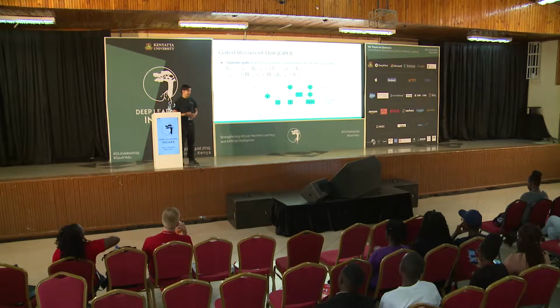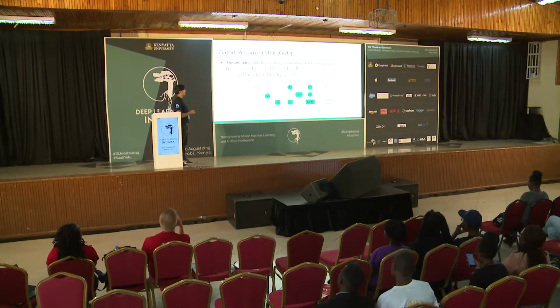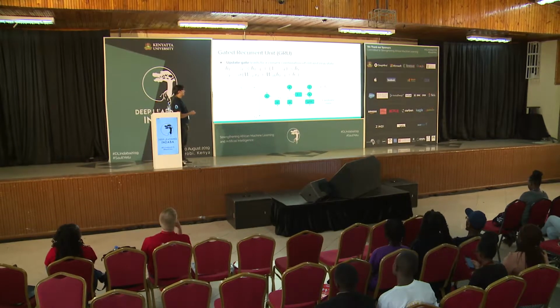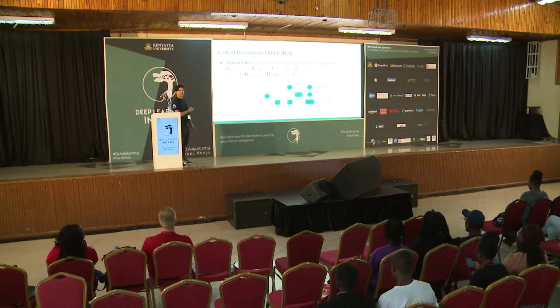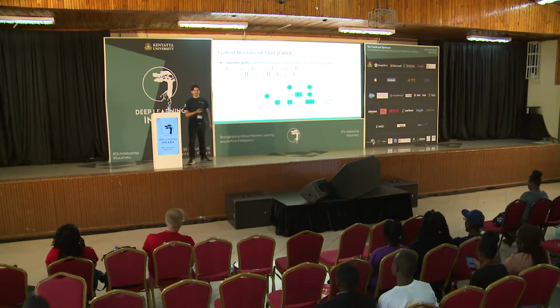Well, imagine the update gate was set to a value of 1. If that were the case, then what we're effectively saying is that the current state, or the updated state, is just a copy of the previous state. And the derivative, dh_t by dh_{t-1}, would just be 1. So now we've achieved the same thing that the LSTM did with its 2 gates.